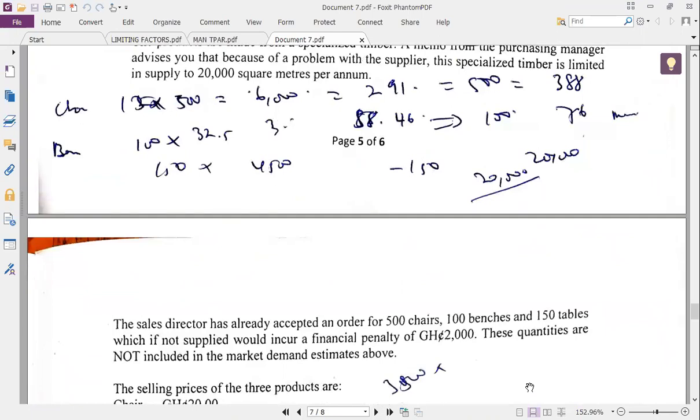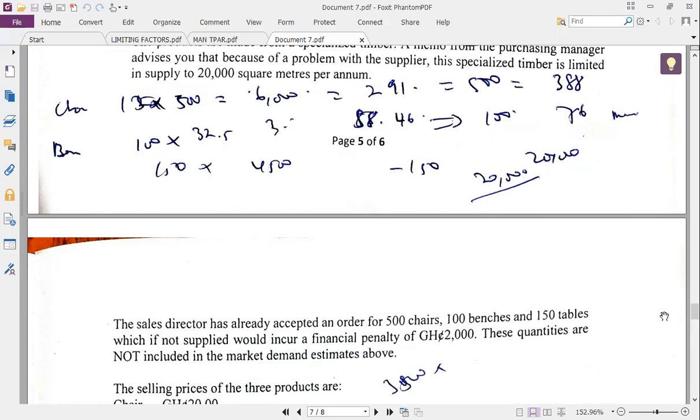Okay, this one will not form part of the A. This one relates to the B. The sales director has already accepted an order for 500 chairs, 100 benches, and 150 tables, which, if not supplied, would incur a financial penalty of 2,000 cedis. This quantity is not included in the market demand estimated above.